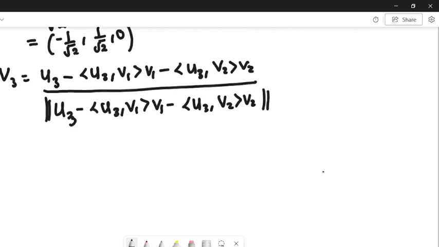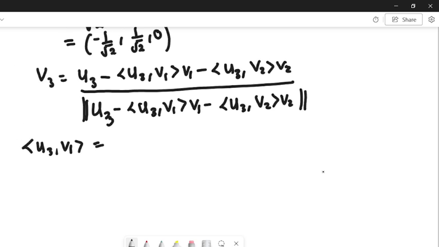So we are starting with the first, the second, and then we have the inner product of U3 and V1.